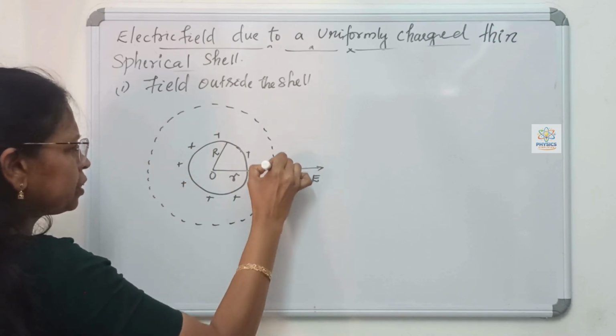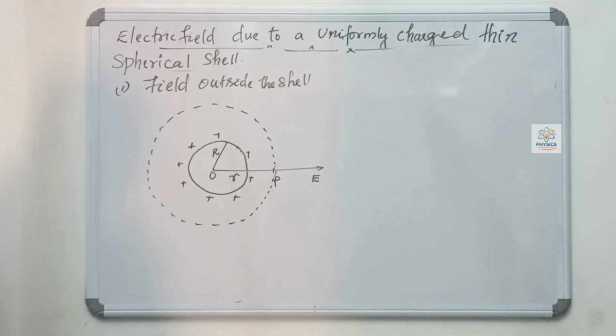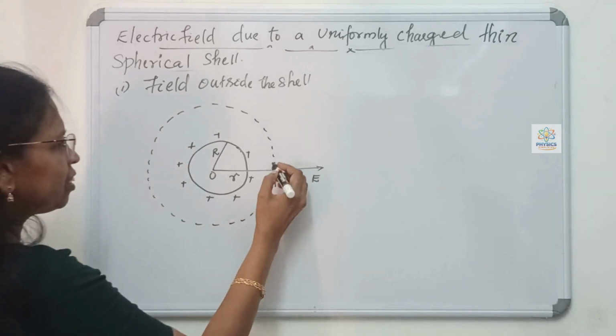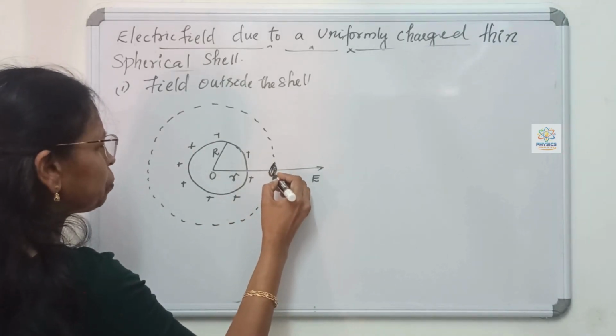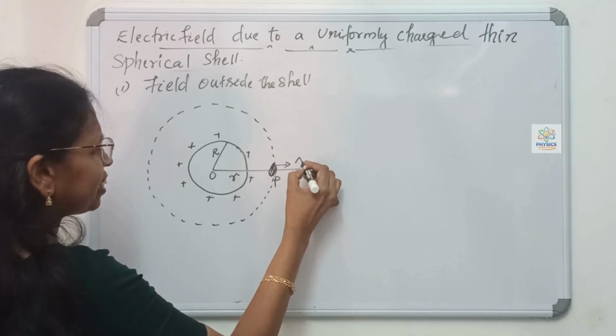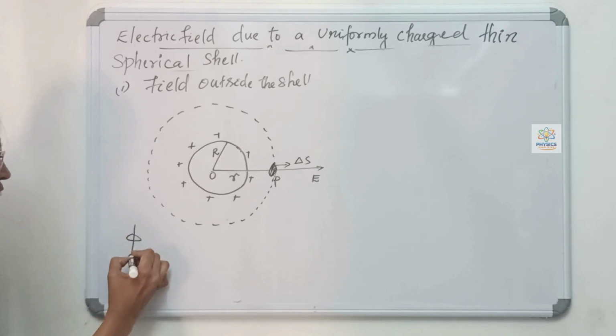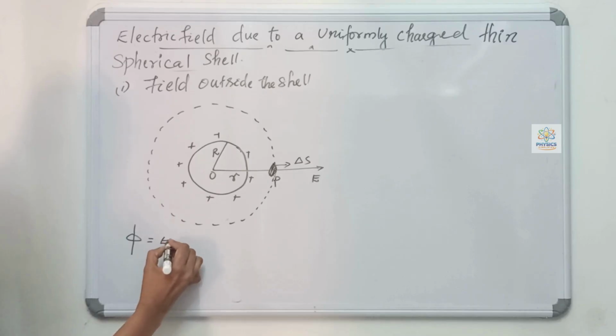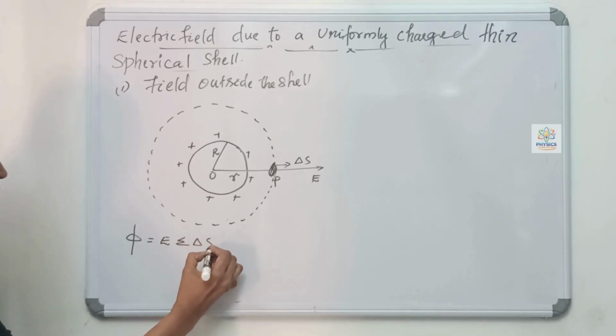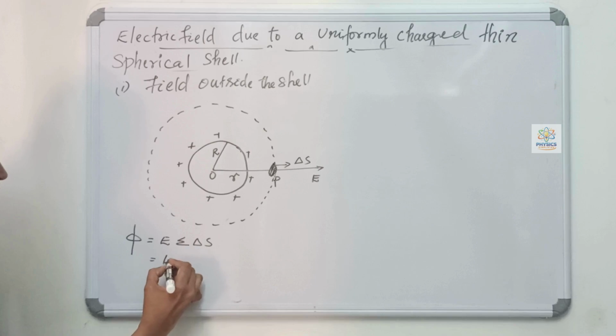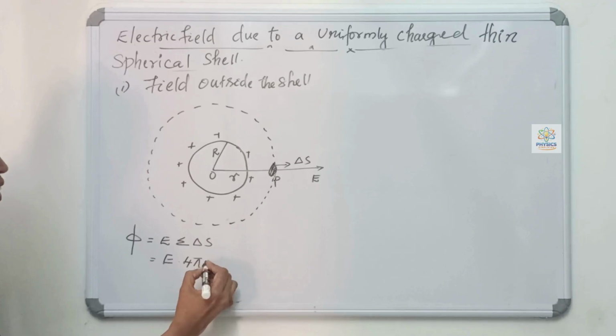This is a spherical Gaussian surface. The radius of the spherical Gaussian surface is r. And next, you can just consider the smallest portion, that is delta S. So first, electric flux through the Gaussian surface phi is equal to E into sigma delta S. It is a spherical surface, so we know that sigma delta S is equal to 4 pi r square.